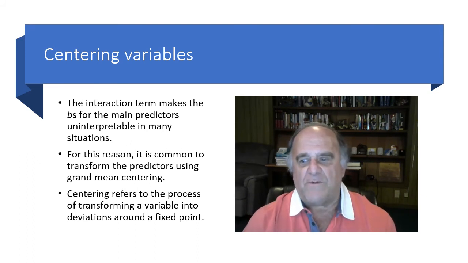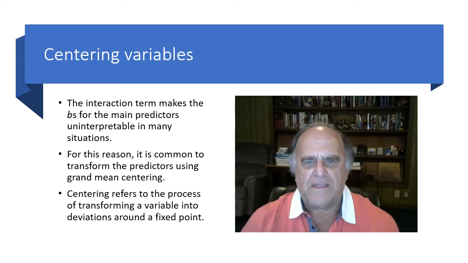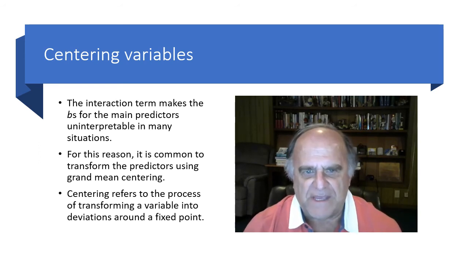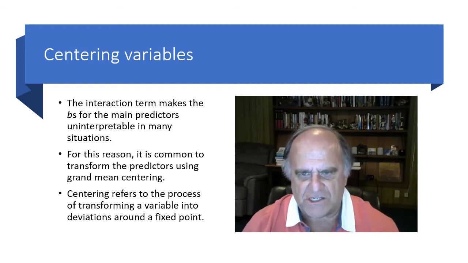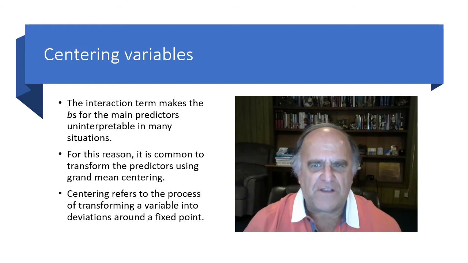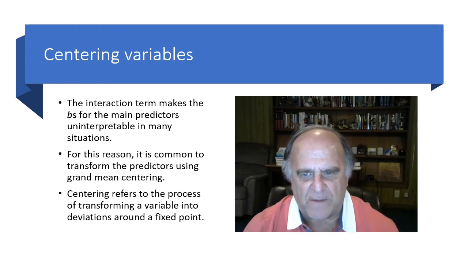So why do we center? Well, again, it aids in interpretation. The interaction term makes the B's for the main predictors uninterpretable in many situations. So for this reason, it's common to transform the predictors using grand mean centering.